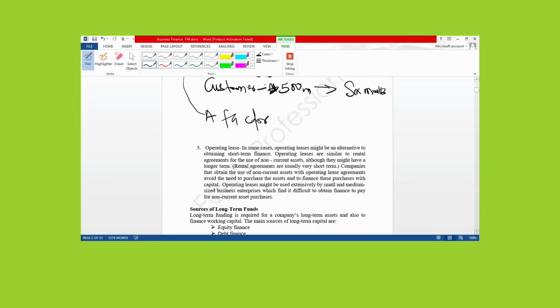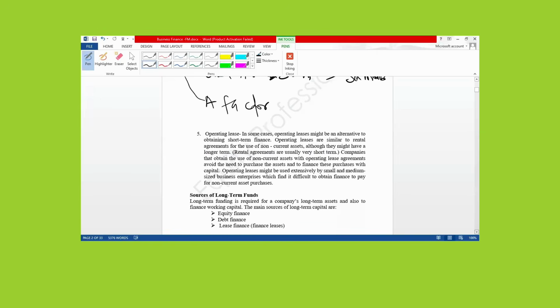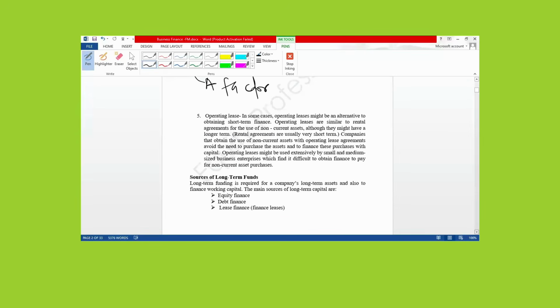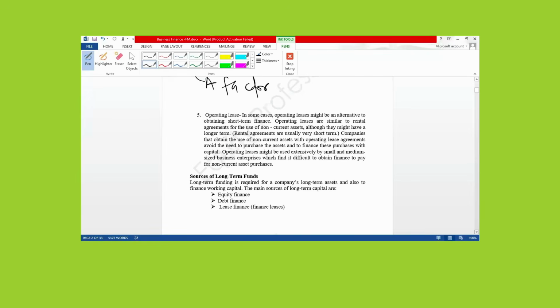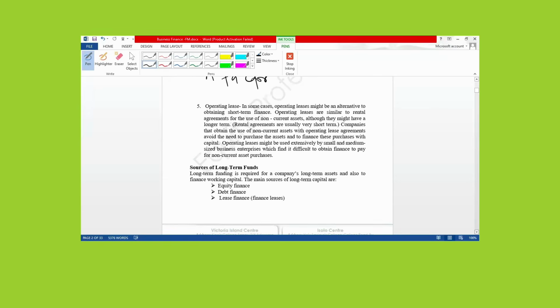Finance obtained that will be used for the long term. Finance the company can obtain for a longer time period.